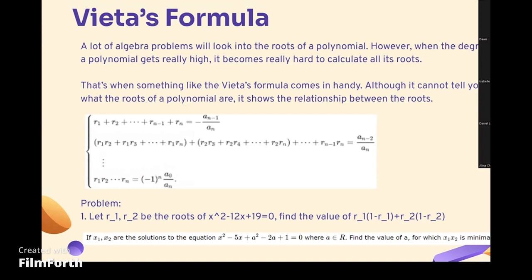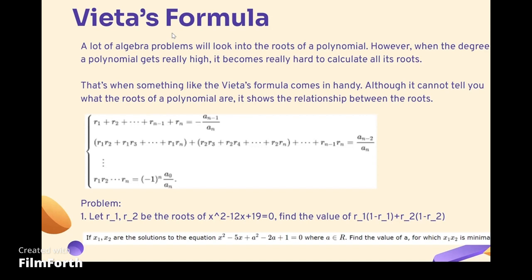Basically, it's a really useful condition that tells us about the relationship between the roots of a polynomial. When a polynomial has a really high degree, sometimes it becomes really hard to calculate the value of its roots. What Vieta's formula can help us with is showing a relationship.